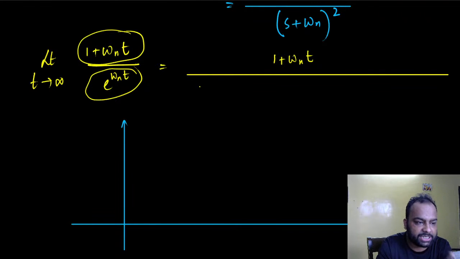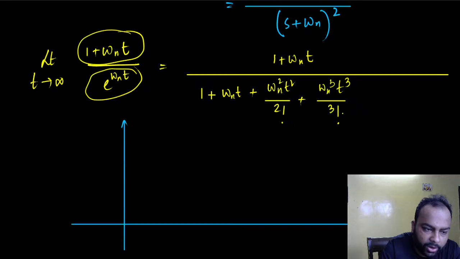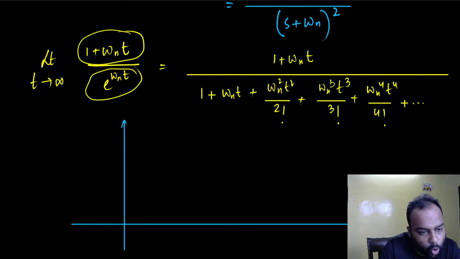If you do a series expansion on this, you know this is going to be 1 plus omega nt plus omega n square t square by 2 factorial plus omega n cube t cube by 3 factorial plus omega n to the power 4 t to the power 4 by 4 factorial, and so on. So you can understand the polynomial in the denominator has higher order, much higher powers than the polynomial in the numerator. So if you put infinity, in a sense, the infinity in the numerator would have lower order than the infinity in the denominator.